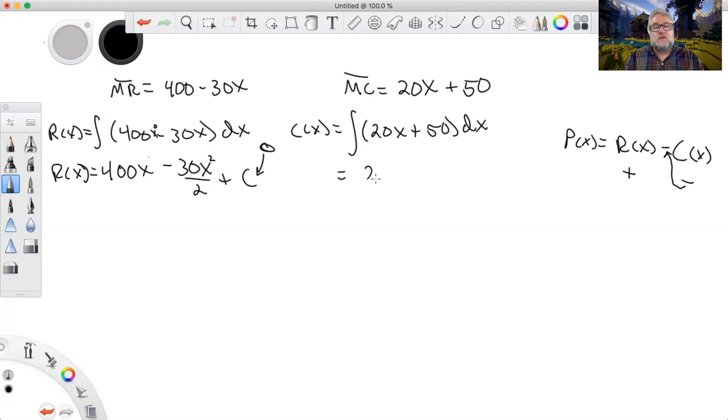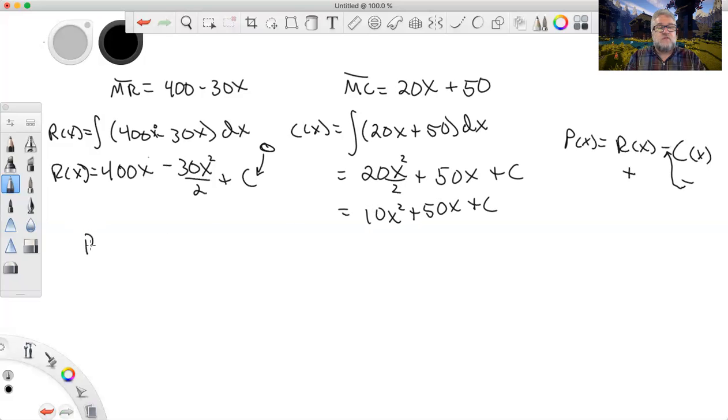So this would be 20x squared over 2 plus 50x plus c, and we don't know what this integration constant is. We will get some simplification here, so that'll be 10x squared plus 50x.